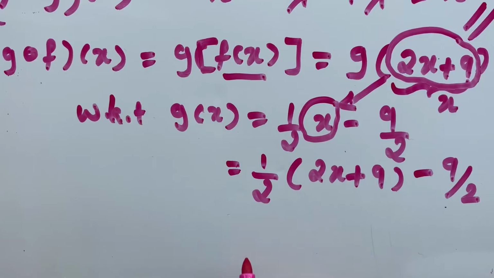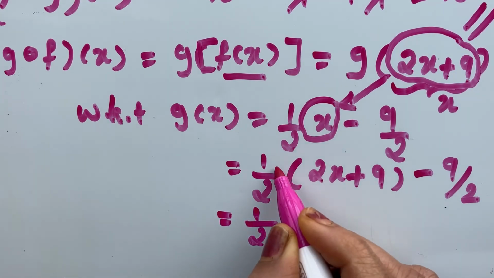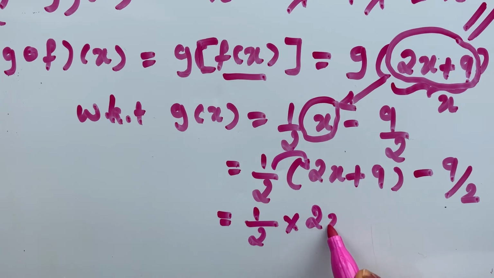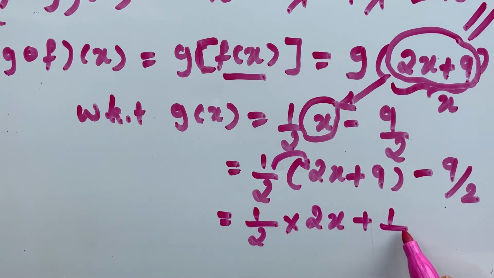Simplifying, I am applying the distributive property. This is half times 2x plus half times 9 minus 9 divided by 2.